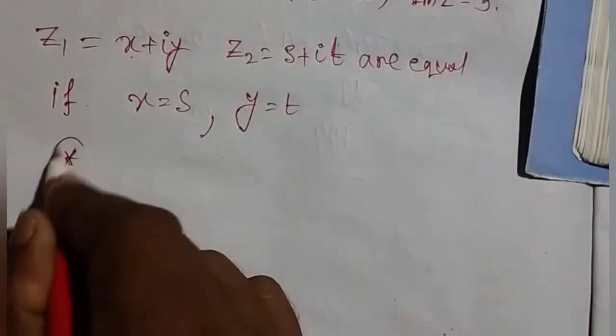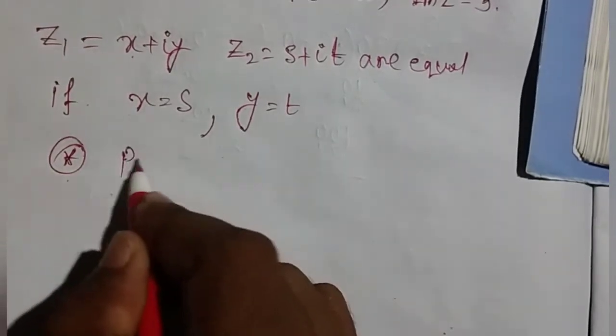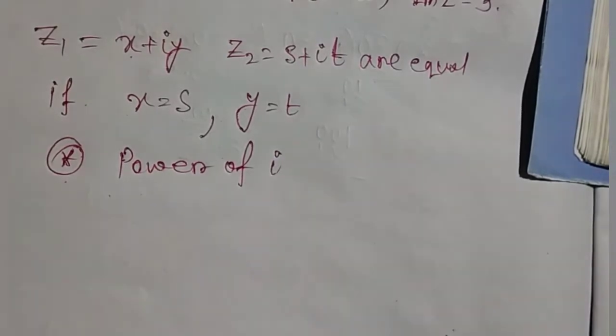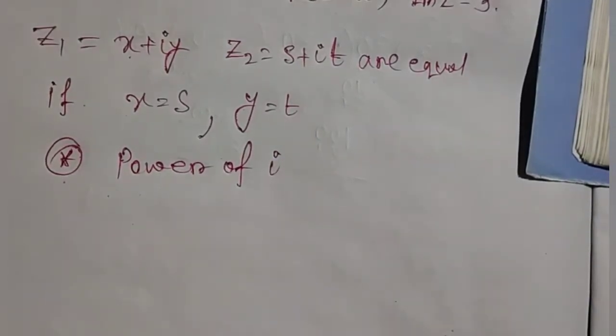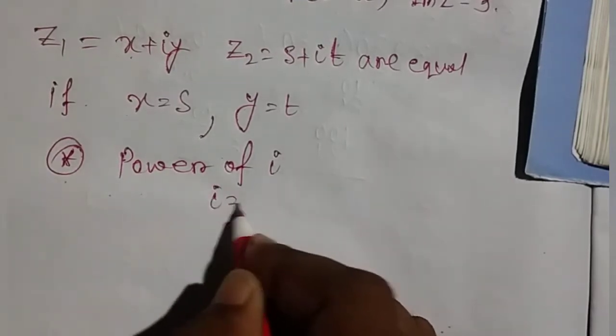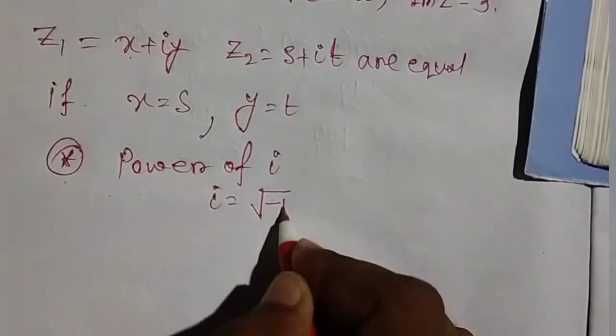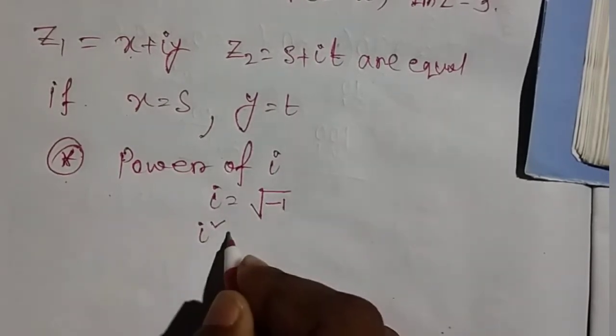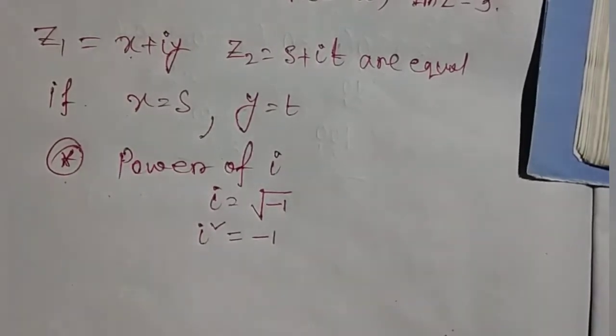Now integral power of i. What is the integral power of i? Positive integral power of i, we know i is equal to root over minus 1. So from here, if we square both sides, then we get i square equal to minus 1.